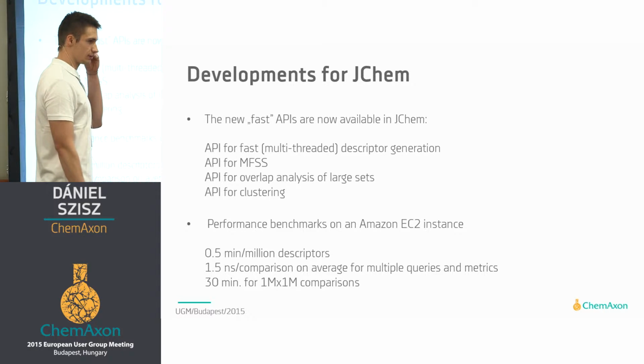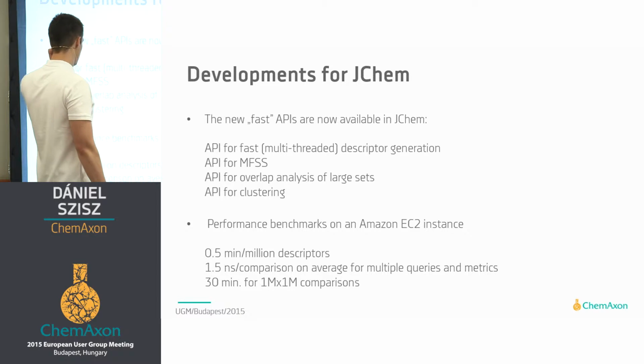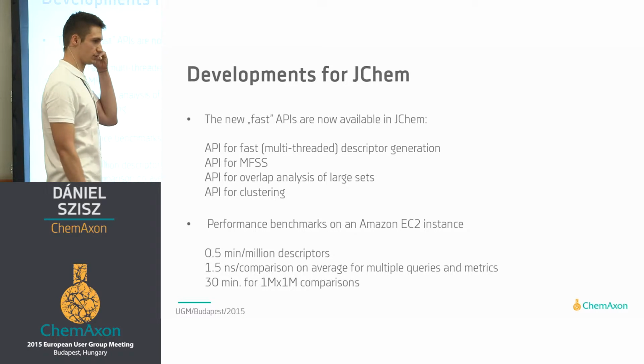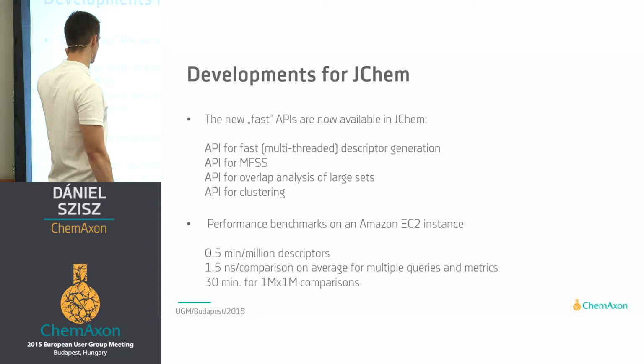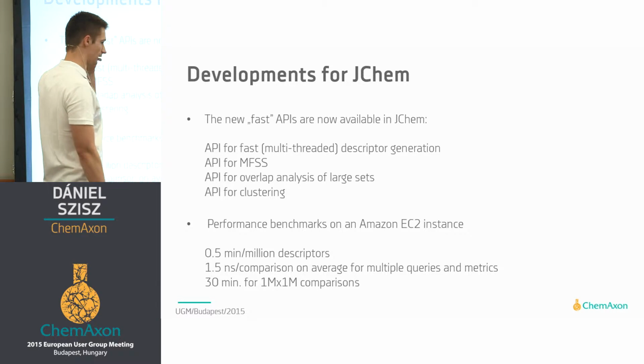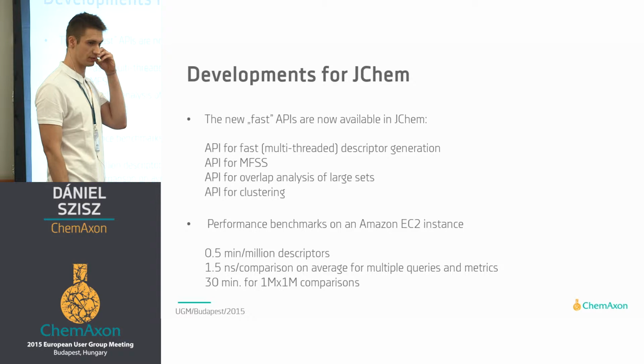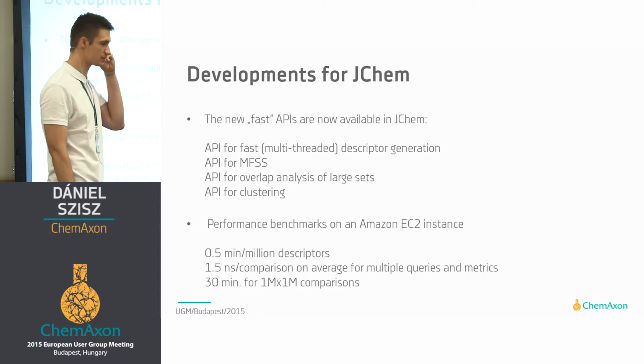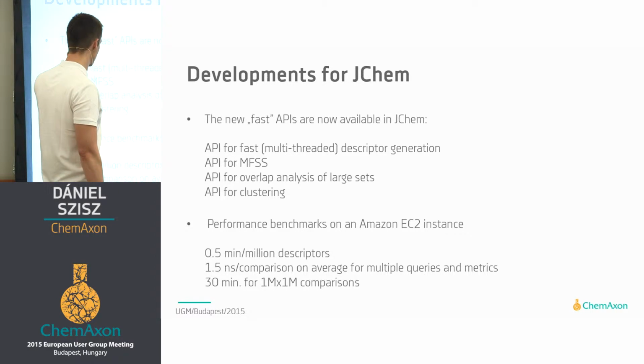The different exposed APIs are now available in GChem: the MedFast Similarity Search, the Overlap Analysis API, the Clustering API, and the Descriptor Generation API are all available now in GChem, so you can try it.